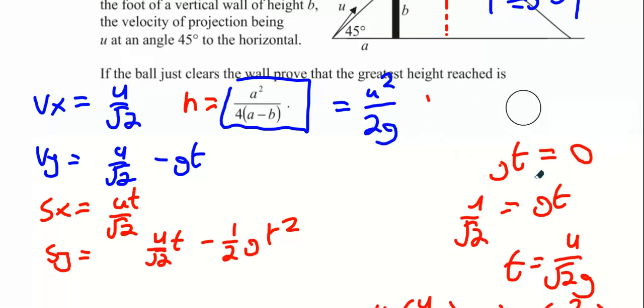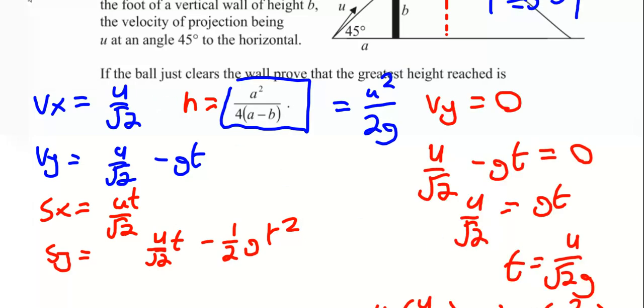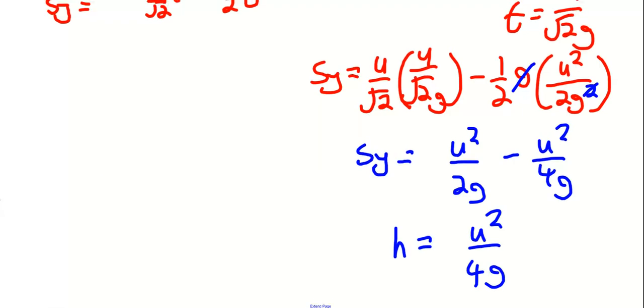It's not quite what they wanted, but we did legitimate moves. Who knows what to do next? Anybody? Yes, u squared over 4g. Sorry guys, for those of you at home, it's a half minus a quarter, which is u squared over 4g. Thanks for spotting that. Okay, we all good?